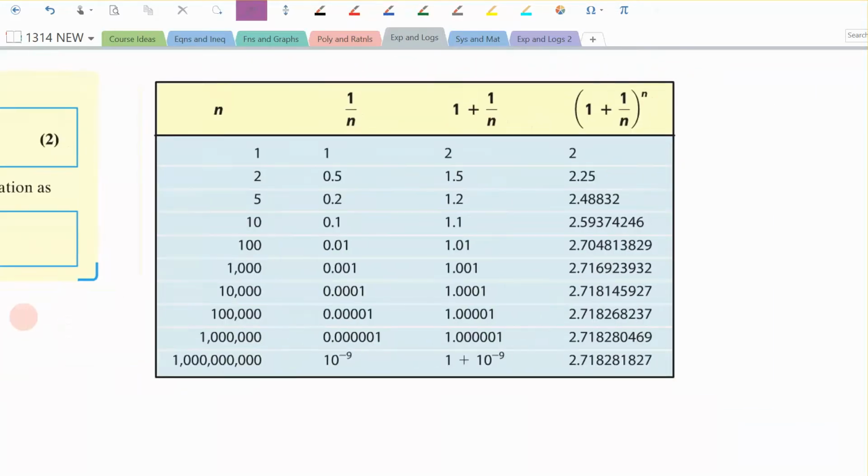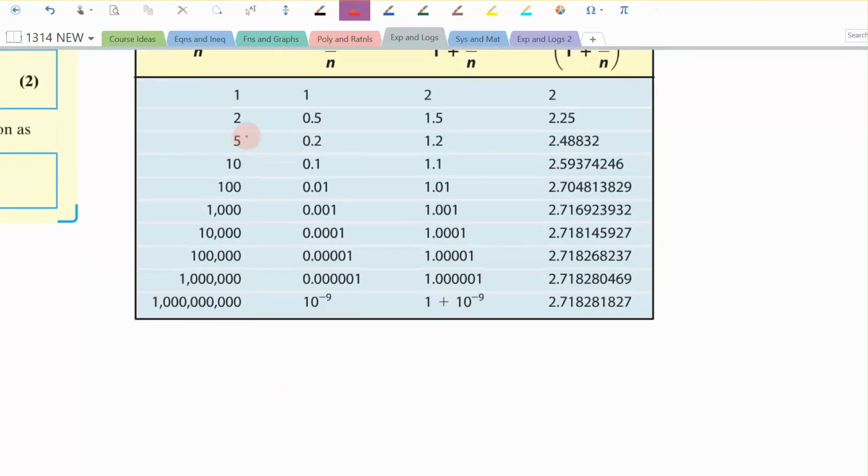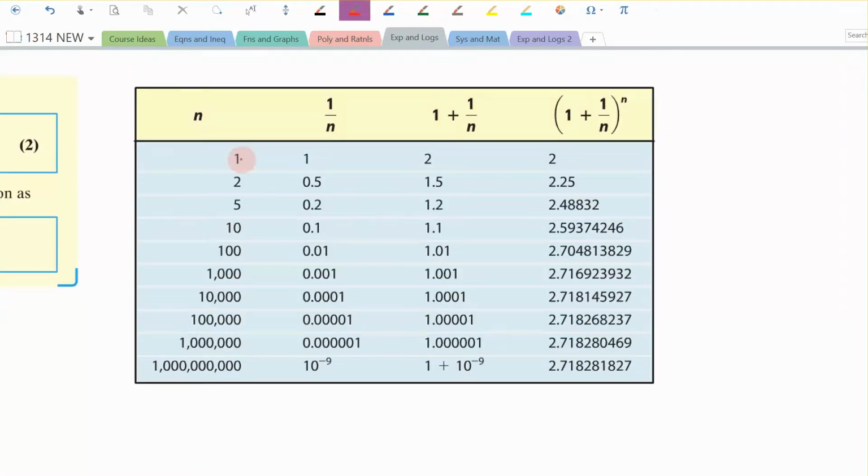Here's a chart that explains what's going on. If I let n be equal to the number 1 and plug it into this formula, I come out with 2. As I increase my value of n in this formula, the resulting number approaches 2.718 and so on, kind of like pi approaches 3.14.